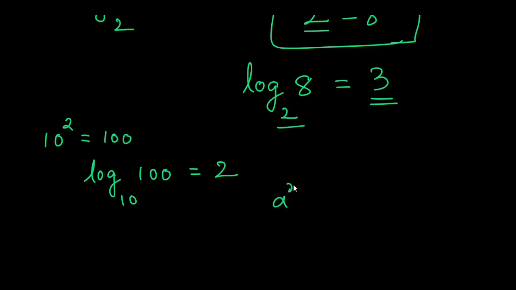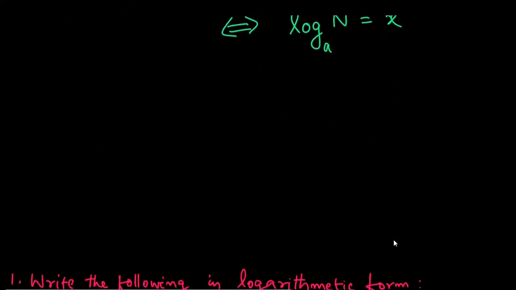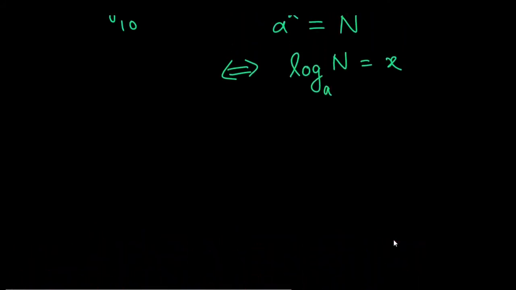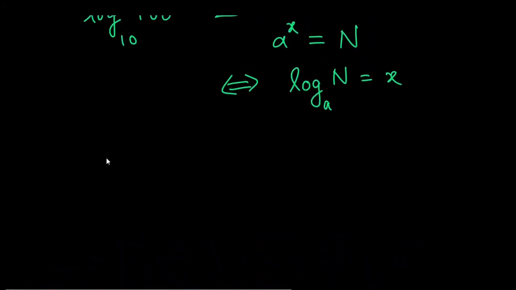A power x is equal to n, when written in logarithmic form, log of n to the base a is equal to x. Now let us take some values here. 2 power x, let us say we have some relation, 2 power x is equal to y.